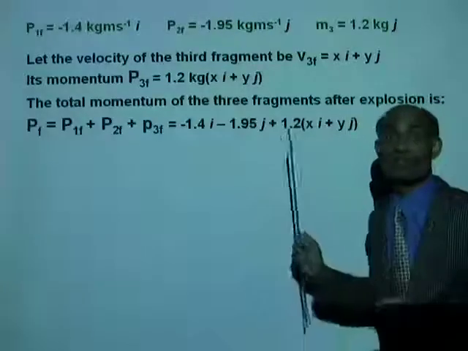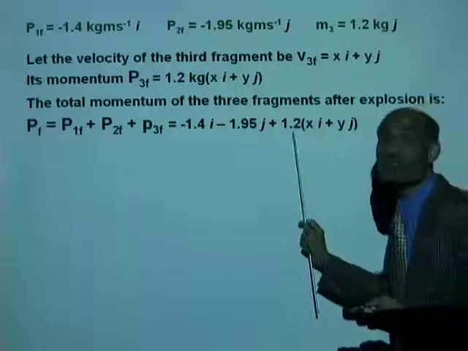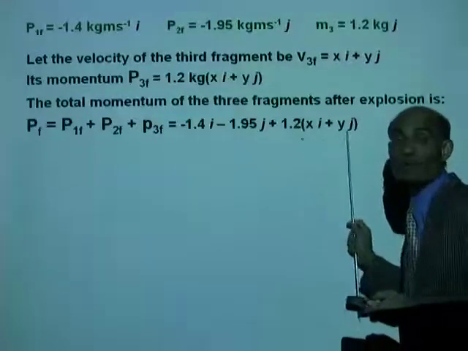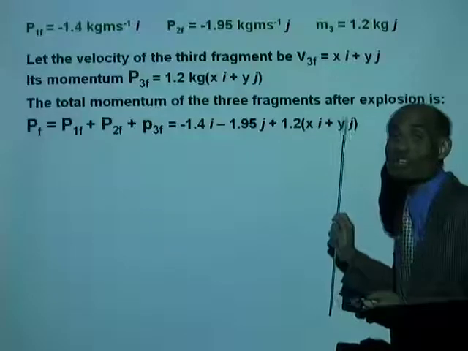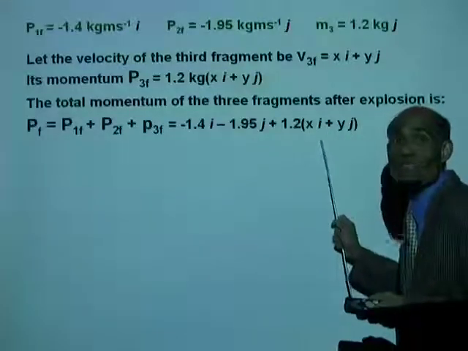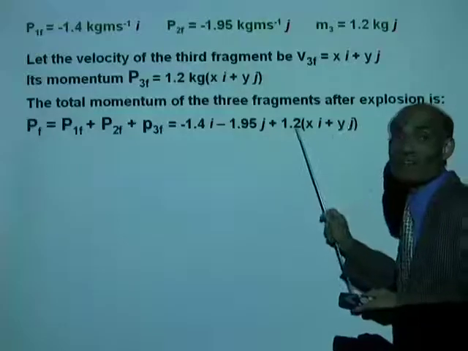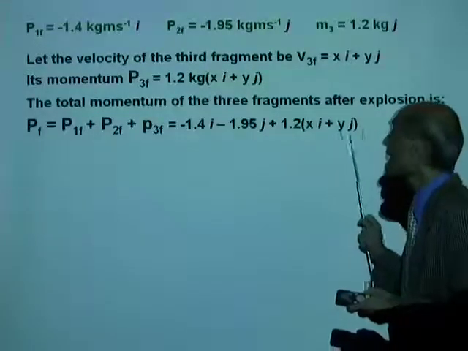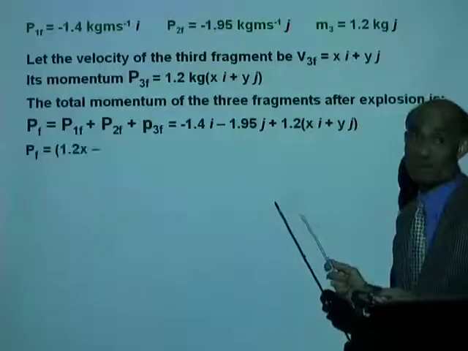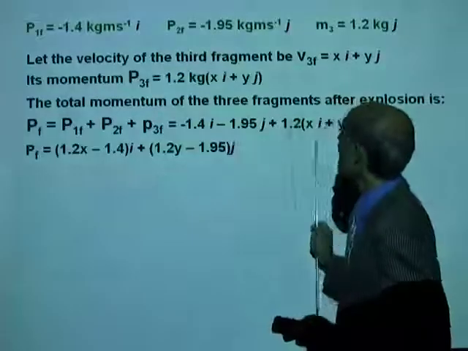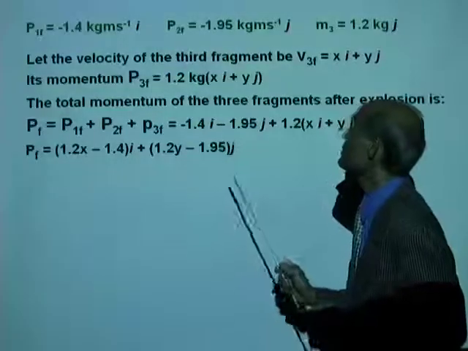That means the momentum of that third piece has an x component and a y component. What is the x component of this momentum? It will be 1.2xi. And the y component of this momentum is 1.2yj. Alright. So, Pf, let's combine the i's and the j's.